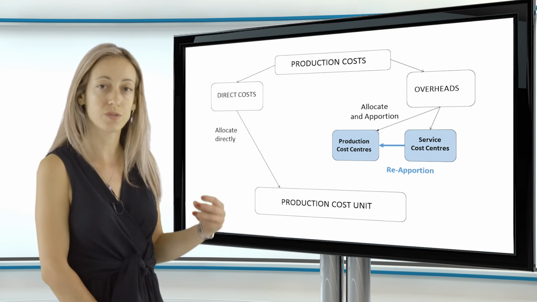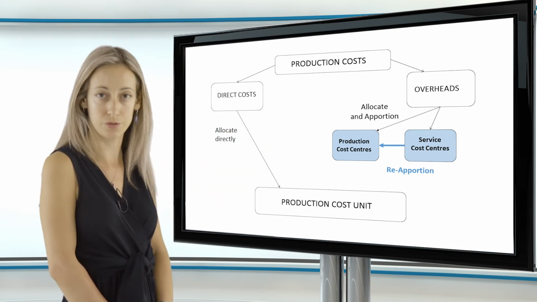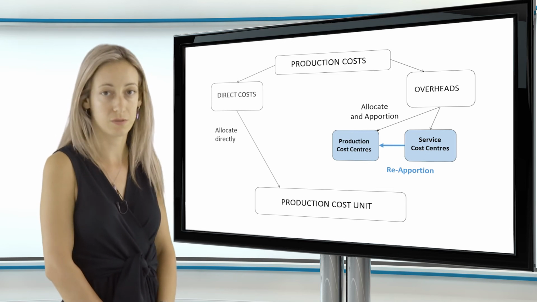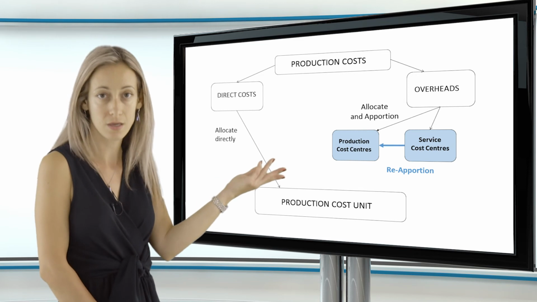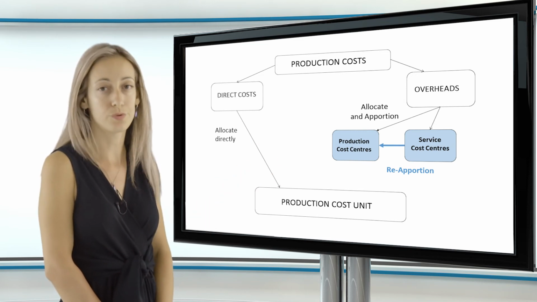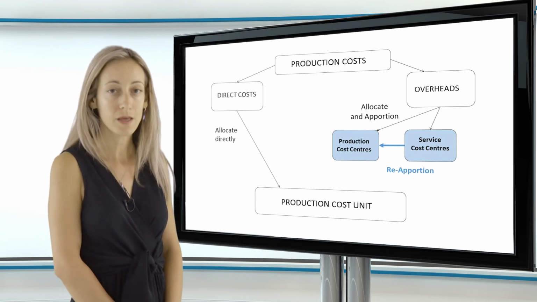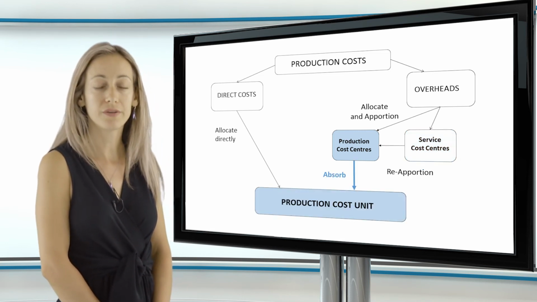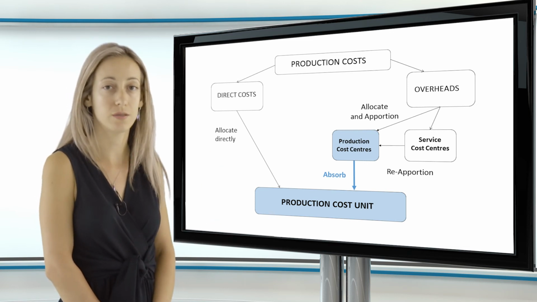And the one that uses their services more is going to get a bigger proportion of the cost that comes from the service cost center, from maintenance. The one that uses their services less is going to take a smaller proportion of the cost, because this is fair.